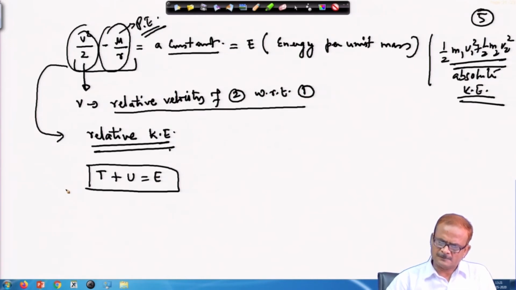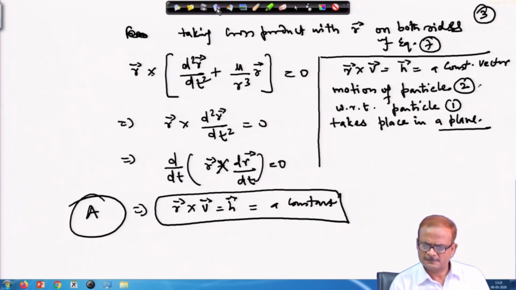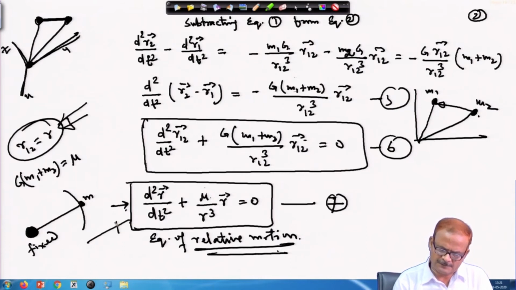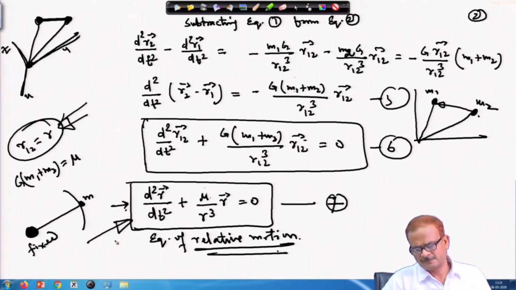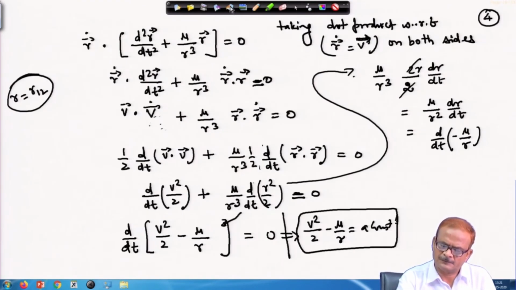So, Kepler's laws also we derived using this equation. Using this equation we have derived all the 3 Kepler's laws. So, that means whatever we have done earlier is also valid here in this case.